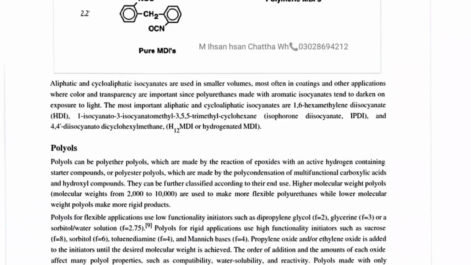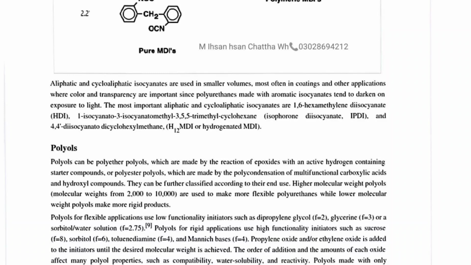Polyols are mostly based on ethylene glycol, but we replace ethylene glycol with many other difunctional compounds, such as epoxides with active hydrogen-containing starter material. Polyester polyol is also used, made by condensation of dicarboxylic acid and hydroxyl compounds. These are further classified according to their use and molecular weight.